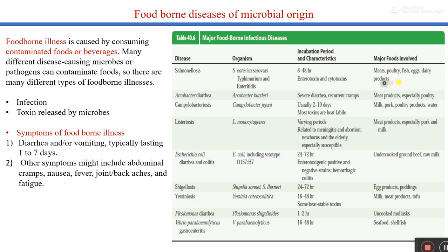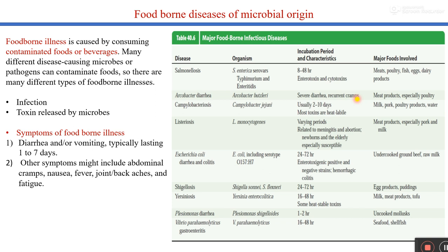By going through this table, you can get an idea about the different organisms which generally grow in different kinds of foods, and when we take these foods, what kind of disease we can suffer from. So just go through this table and try to learn three to four important foodborne diseases.